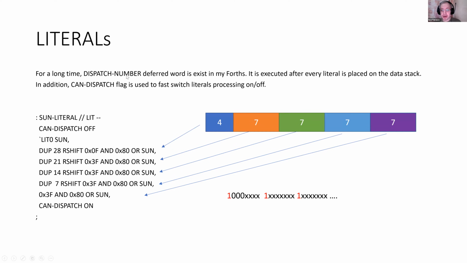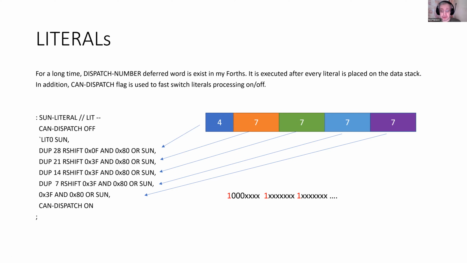For a long time, I have used a special kind of dispatch number. This is a deferred word. It's a word running every time after any kind of literal is placed on the top of the stack. This is a very simple approach indeed, because when I type 2, it goes to the data stack, and dispatch number is executed.